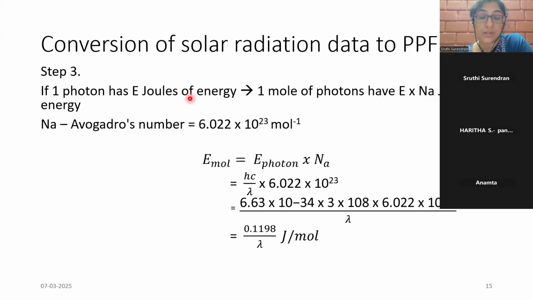Now our intention is to find what is the energy of one mole of photons, because we want to convert it into micromoles per meter square per second. So definitely we are looking for what is the energy possessed by a mole of photons. And this is given by multiplying this energy of one photon with something called the Avogadro's number, which has a value of 6.022 into 10 to the power 23.